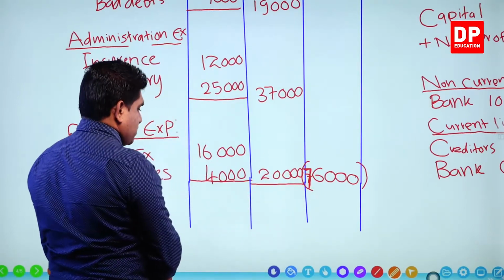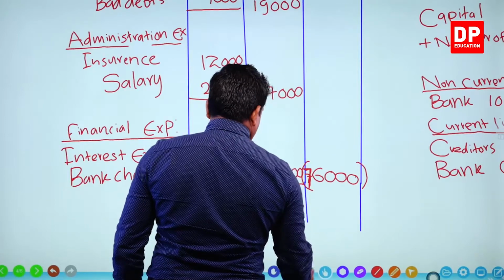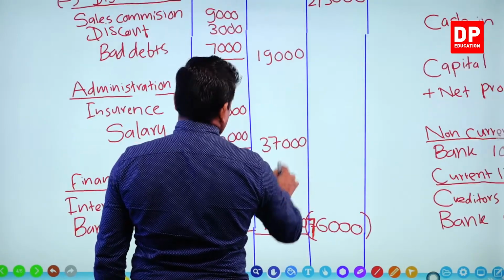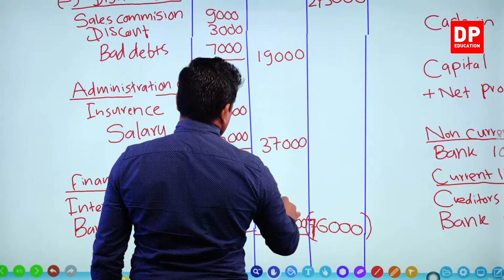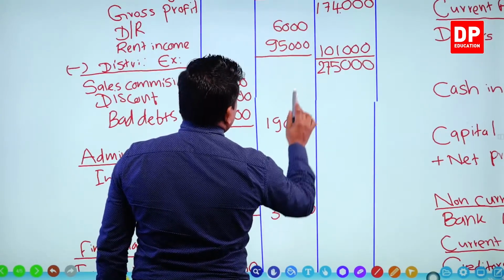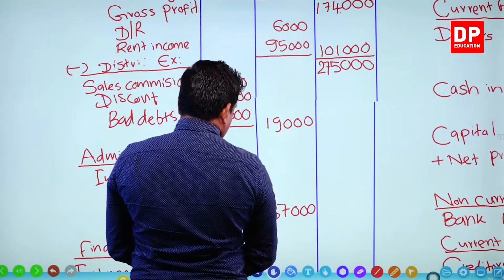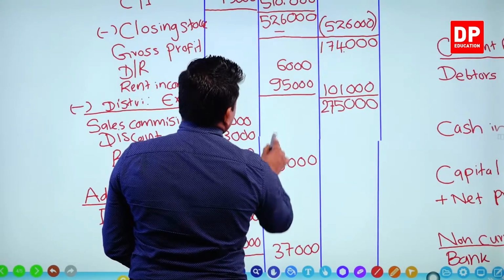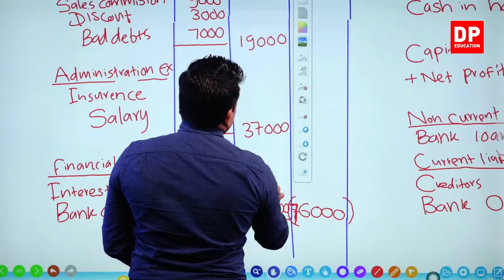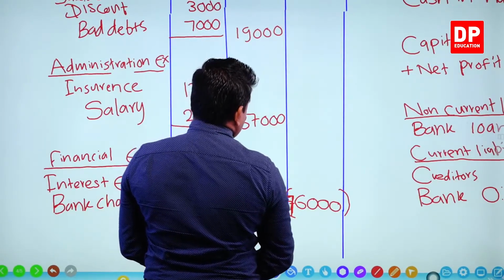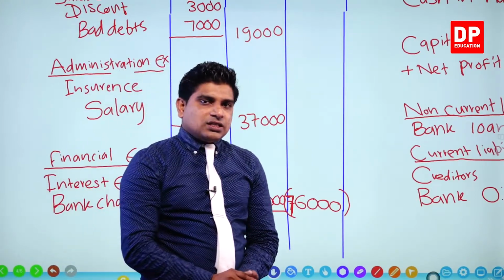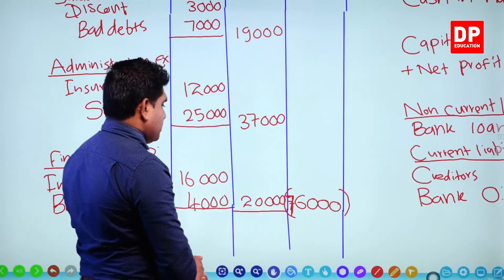These are the total expenses, right? You see on the top how much the total income is: 275,000. Down you can see 76,000. Then find the difference.